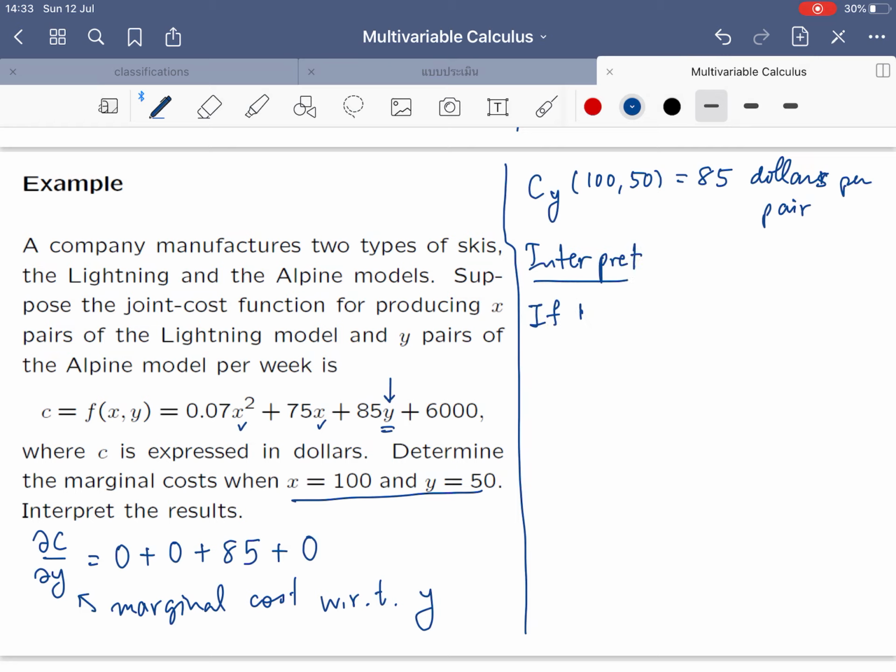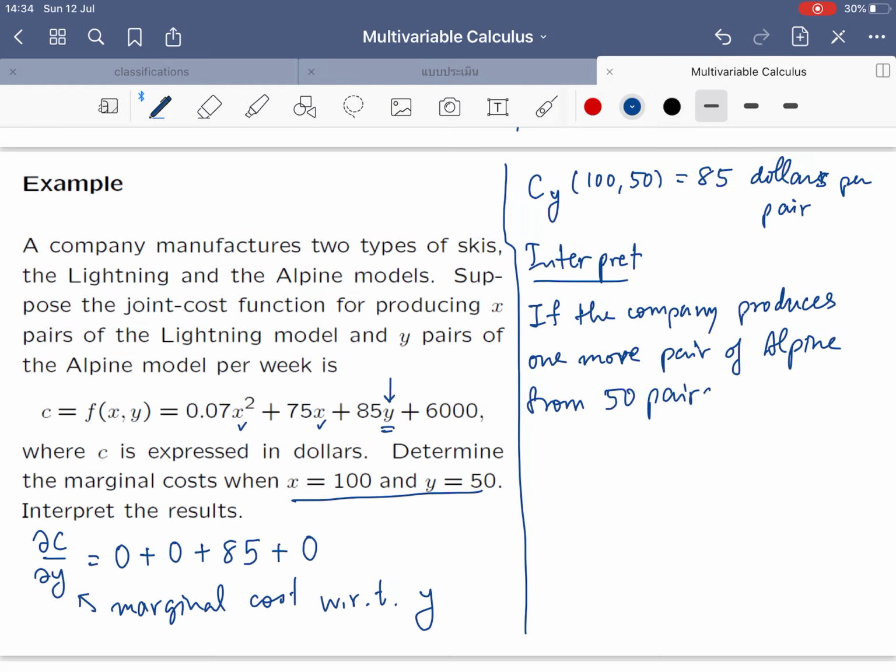That if the company produces, which brand, produces the Alpine one more pair of Alpine from the original production of 50 pairs, okay, but fixed a level of production of the lightning to be the same 100 pairs.